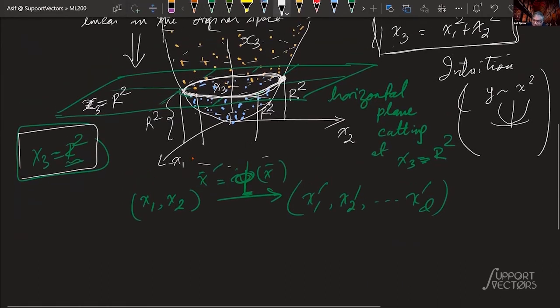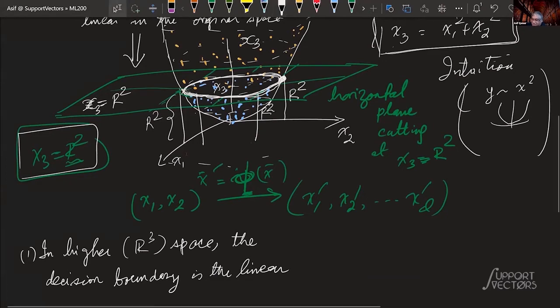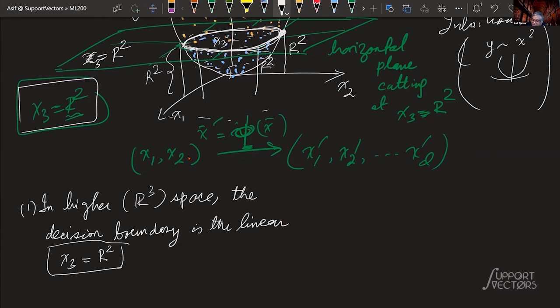In higher dimension, in R3 space, the decision boundary is linear. If you look at x3 equal to r squared, it is this plane, isn't it?